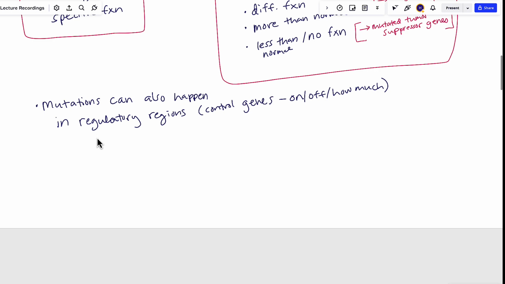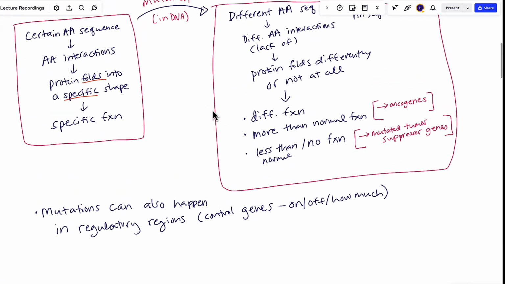So if you have changes in those regulatory regions, that can lead to genes being on too much or off too much, on at the wrong time, that kind of thing, which can also lead to these kinds of problems. So in that case, it's not actually changing the shape of a protein. In that case, it's changing how much protein is being made, whether it's too much or too little. So that's just a mention there that it can be in regulatory regions.